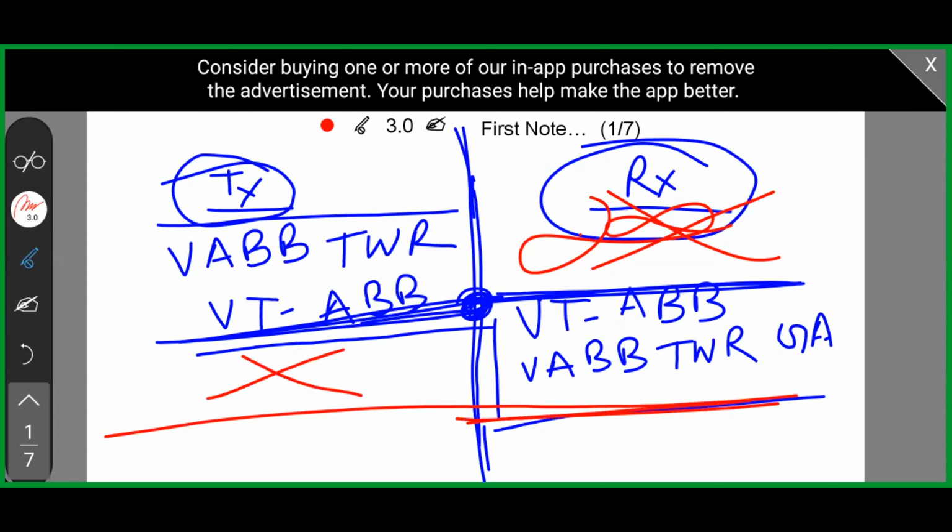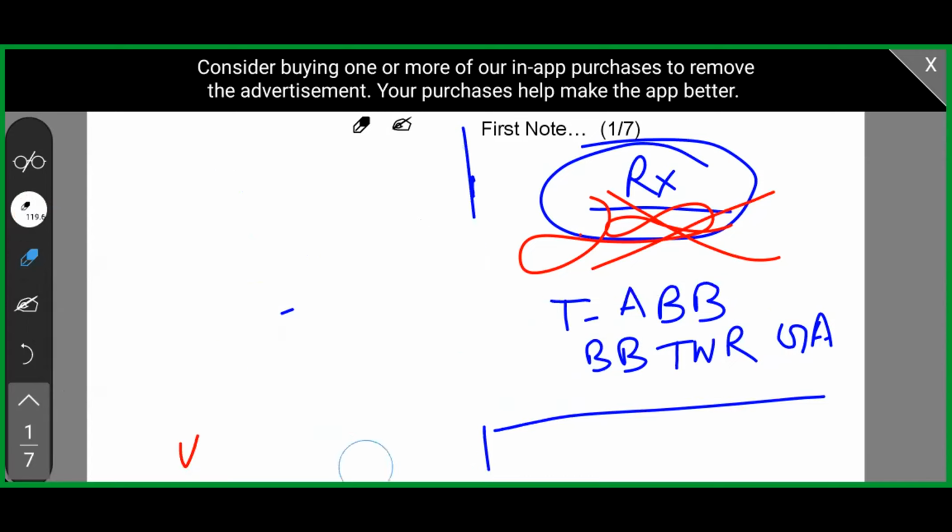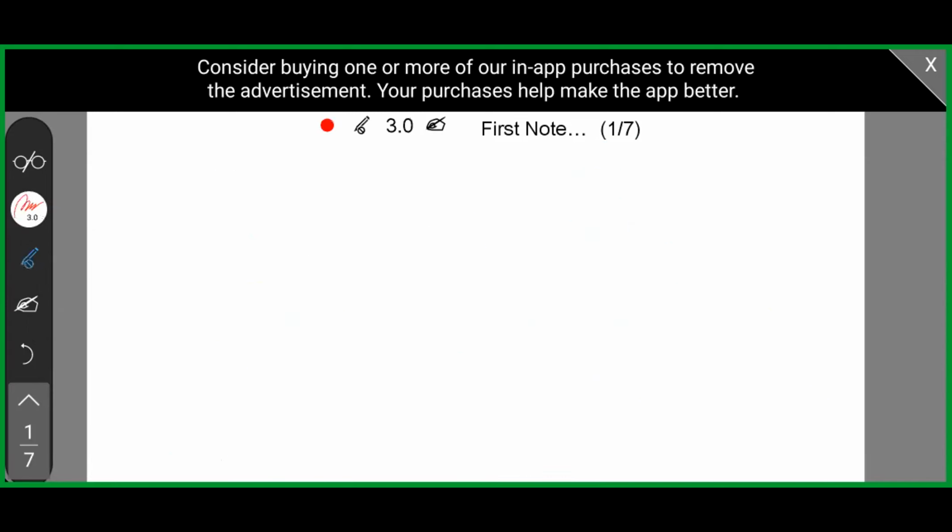How you will write? Here only. Everyone got it? Yes, sir. Good.